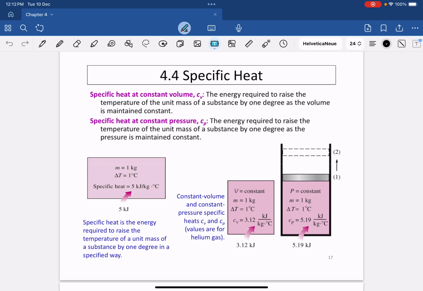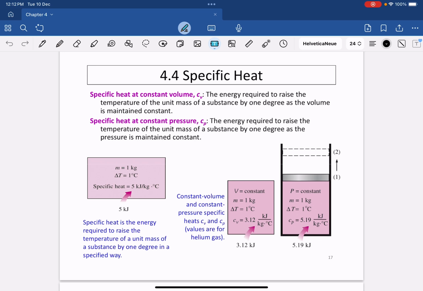For example, if we require 4.5 kilojoules of energy to raise the temperature of 1 kilogram of gas by 1 degree, then the specific heat for that gas is 4.5 kilojoule per kilogram Kelvin.